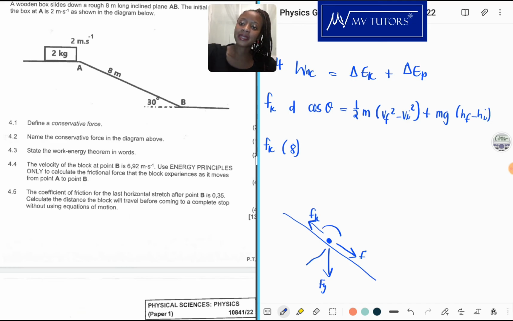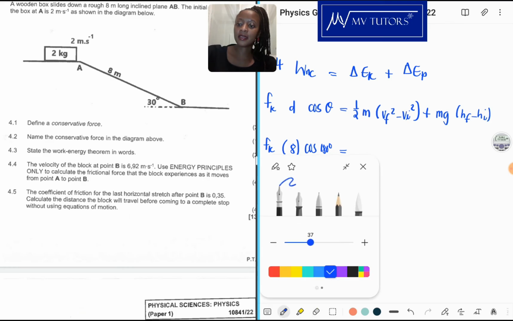But the angle in between the two is actually 180. So here you would use cos 180. If friction was in the same direction as the applied force, then it would be cos 0. But that hardly ever happens. So you see where the 180 comes from.